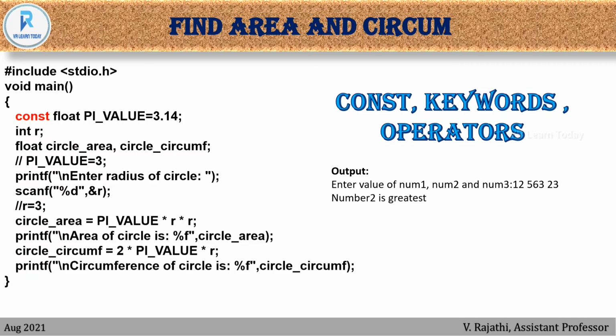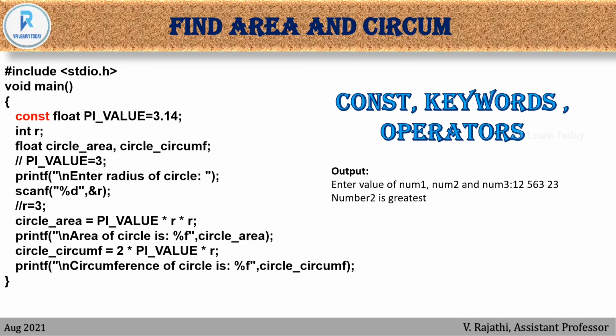Then int r, I declare a variable r, and float, I just declare two values. Print enter r value, I get it from the user. For example, here I commented the pi value, pi value is 3 and r equal to 3. It is commented, so it will not be executed by the compiler.